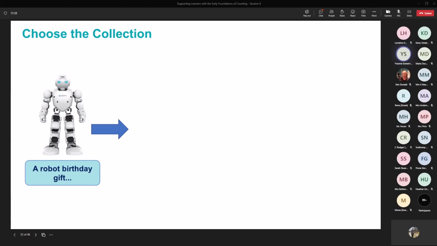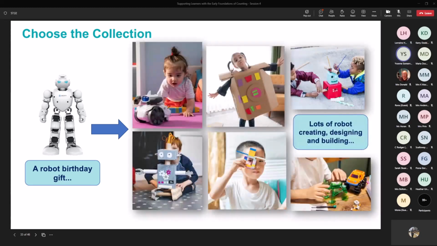And so, again, I'm sure you can picture this in your own setting. It sparked a huge interest in robots, with loads and loads of the children really interested to find out more about robots. How do they work? How do they move? Saw lots of examples of large robots being built, small robots being built.